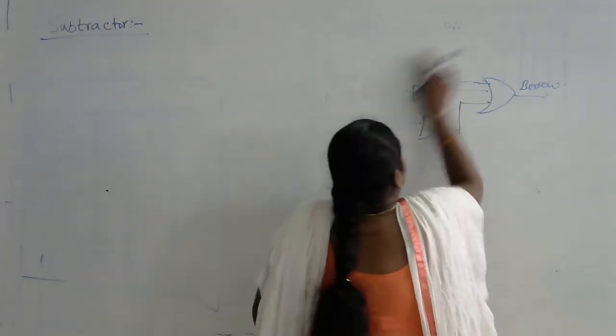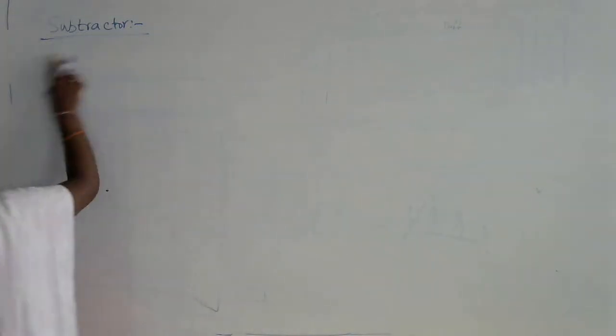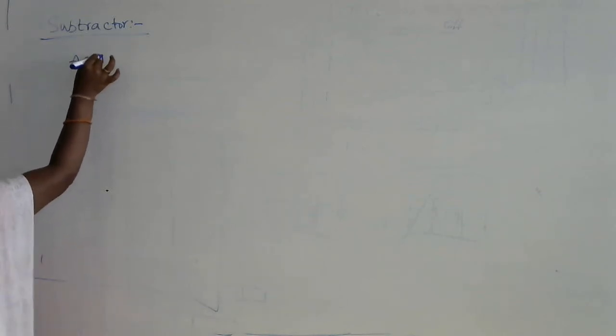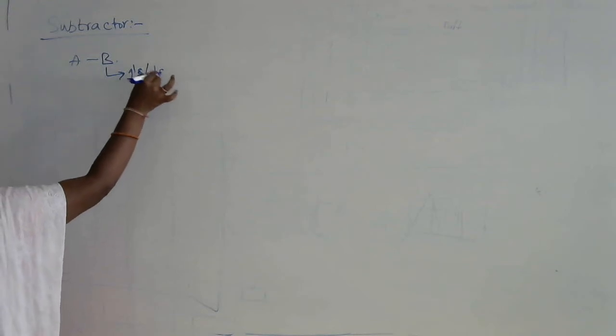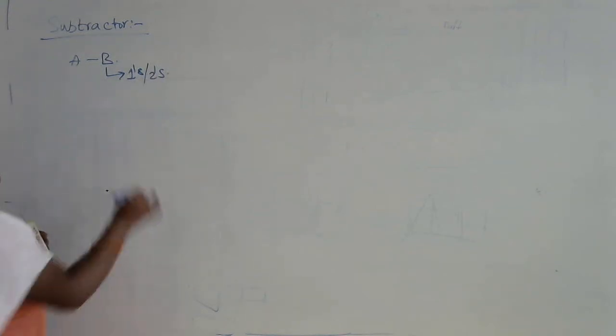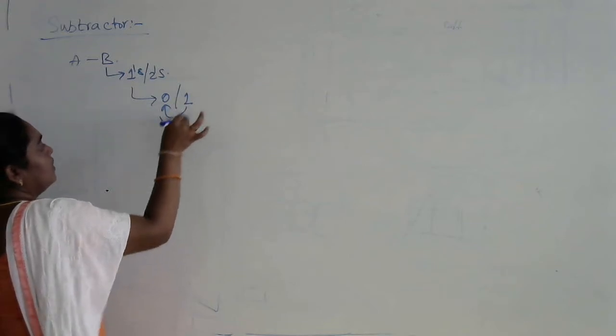In a 4-bit subtractor, we are performing the subtraction operation of 4 bits. If you remember, in the first unit we discussed complements. Whenever we perform the subtraction A minus B, for B we take either the 1's complement or the 2's complement. The 1's complement is nothing but replacing 0 with 1 and 1 with 0.